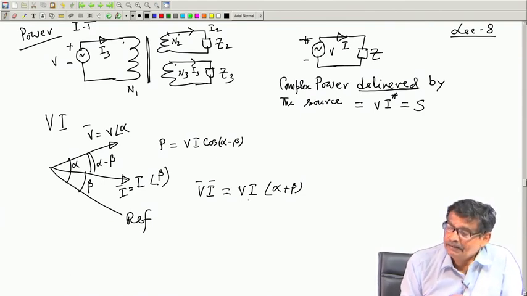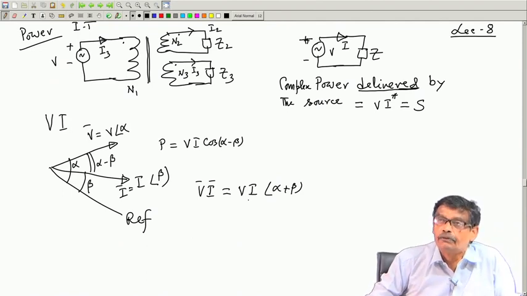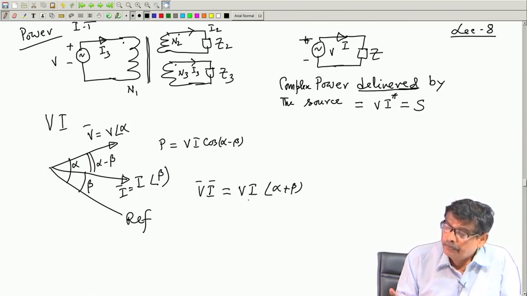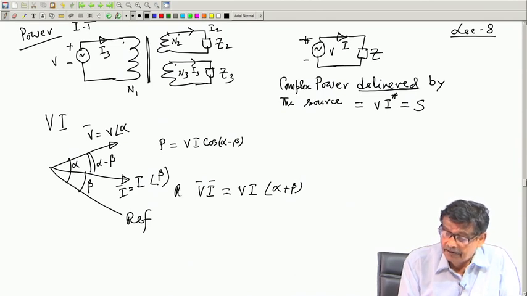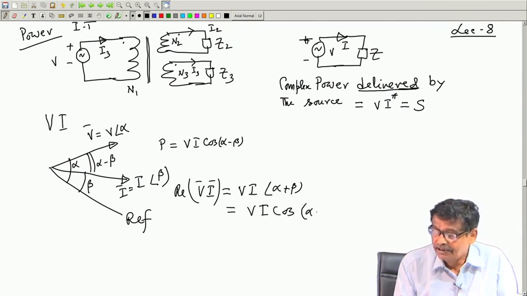In the general case, voltage might have some angle, and current might have some angle with respect to some other reference phasor. Therefore, the real part of this is not equal to V I cosine alpha minus beta.